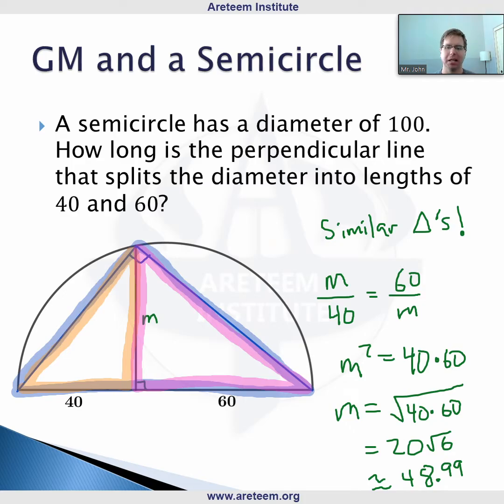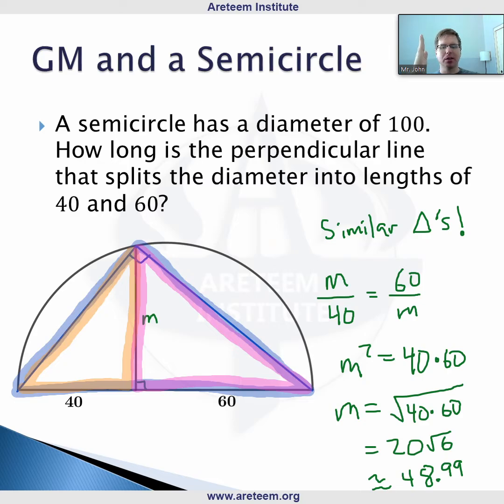And let's use this same picture to prove, at least for two numbers, x and y, that we have this relationship between the arithmetic mean, geometric mean, and harmonic mean. But before we jump in, just to review this one, because we'll see it again, when we have this semicircle, we have a length x, length y.